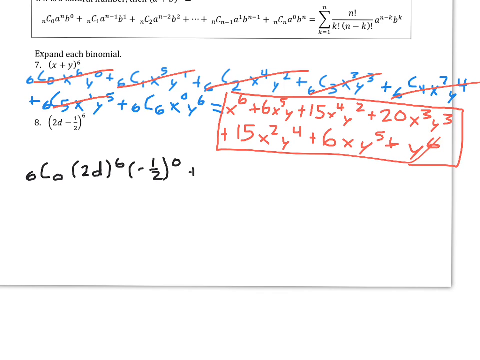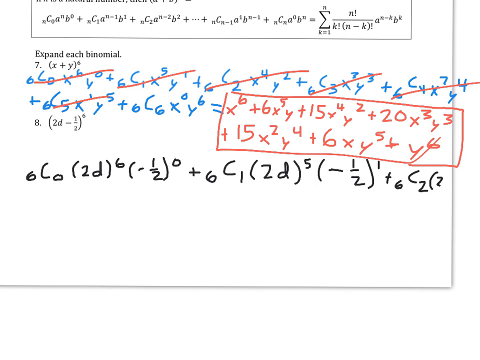Plus, we did 6c0, now we're going to go up to 6c1. The amount of 2d's is going to go down by 1. The amount of negative 1/2 is going to go up by 1. Plus, I'm going to try to fit one more term on this line, 6c2.